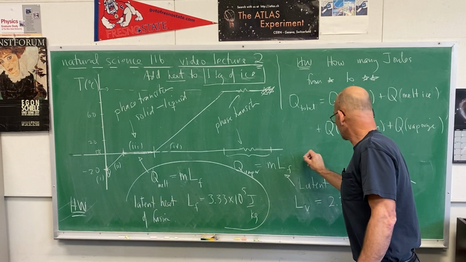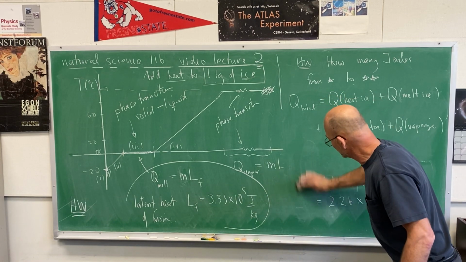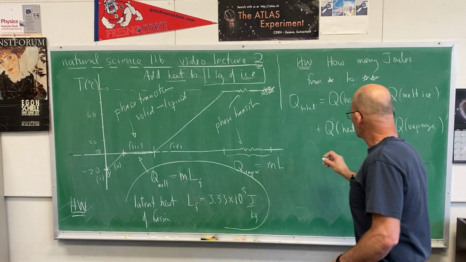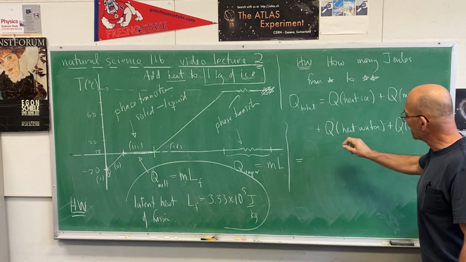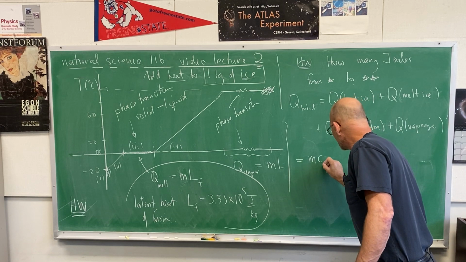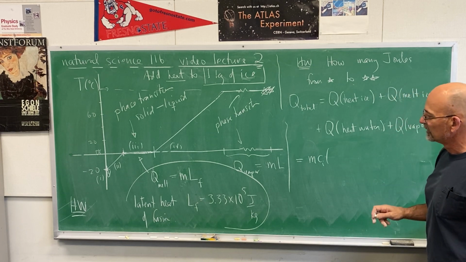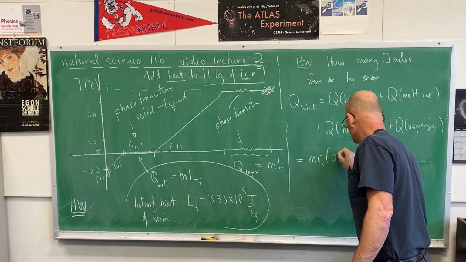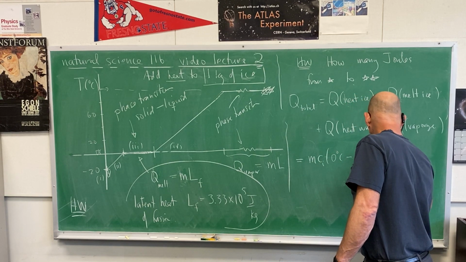Okay, so let's even get started on that. Q to heat the ice was the mass of the ice, the specific heat of the ice, times the delta T, which was 0 degrees Celsius minus negative 20 degrees Celsius.